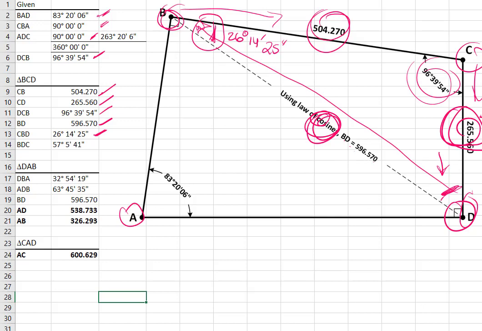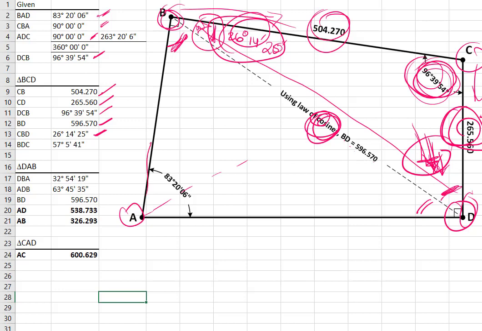Now we know two angles, the 96 here, and we know this angle. We can use the summation of the angles to find the value of this last angle in the triangle. Why do we need this angle here and this angle here? So we can find their complementary angles on the other side, in the other triangle, so we can solve for all the sides that we have here.